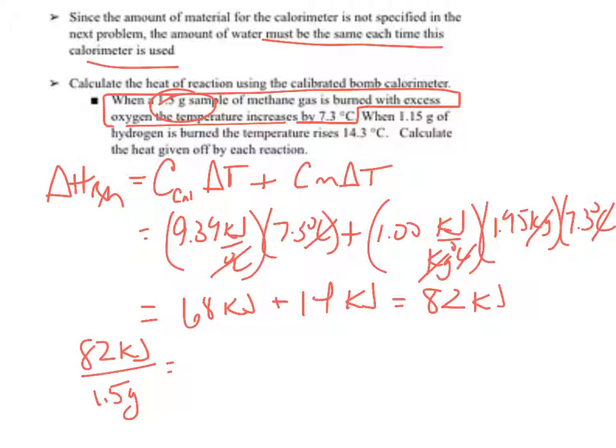And that gives you a heat of 55 kilojoules per gram of methane.